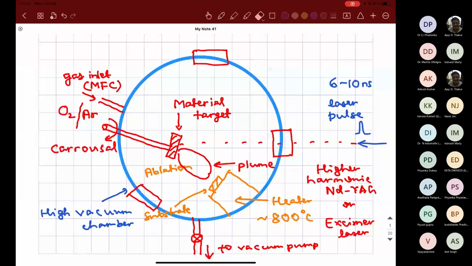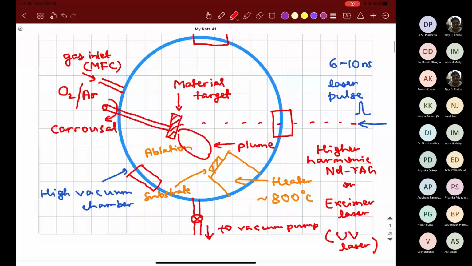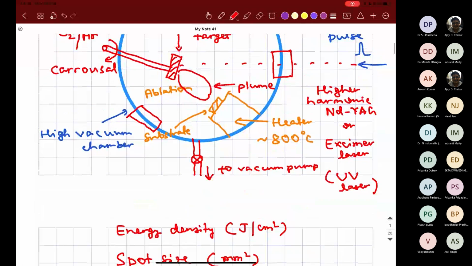The whole idea is that it should be a UV laser. That is important because otherwise the process would be very slow. There would not be a sufficient amount of energy for ablation. Therefore you require a Nd:YAG laser or an excimer laser.